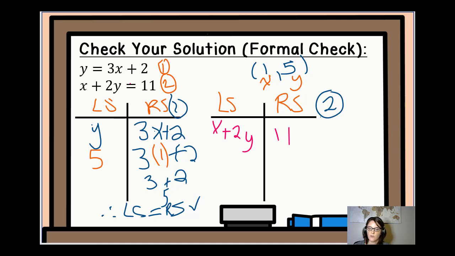And I'm going to replace my x with 1. And I'm going to replace my y with 5. And when I simplify, I have 1 plus 10, and that's 11. And so again, I can see my left side equals right side.